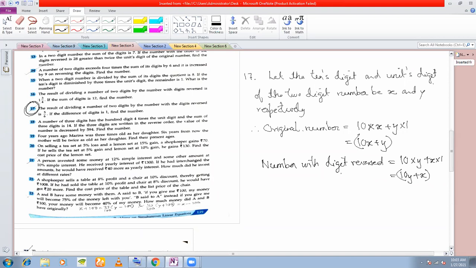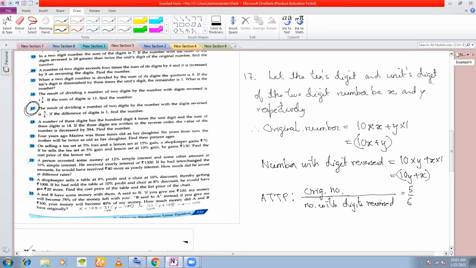Now look at the first statement. It says that the result of dividing a number of two digits by the number with the digits reversed is 5 by 6. So according to the problem, the original number divided by the number with digits reversed must be equal to 5 by 6.